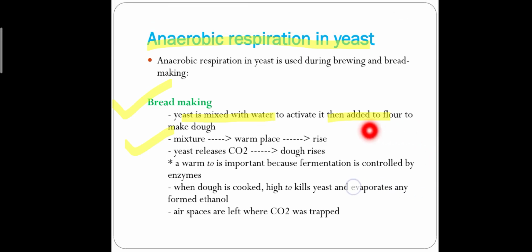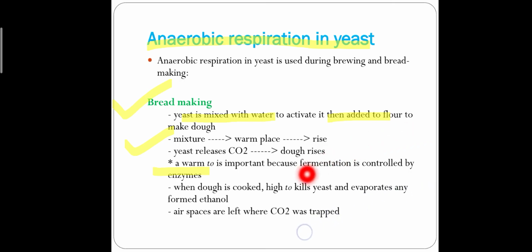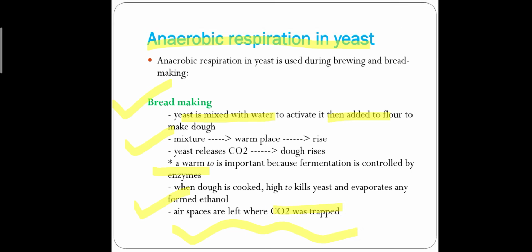The mixture is placed in a warm place and it rises. Yeast releases carbon dioxide and the dough rises. A warm dough is important because fermentation is controlled by enzymes. When the dough is cooked, the heat kills the yeast and evaporates the ethanol, and air spaces are left where carbon dioxide was trapped. That is the process of bread making.